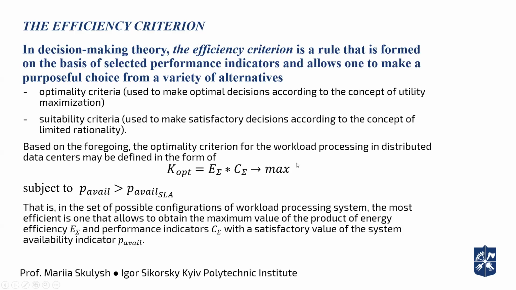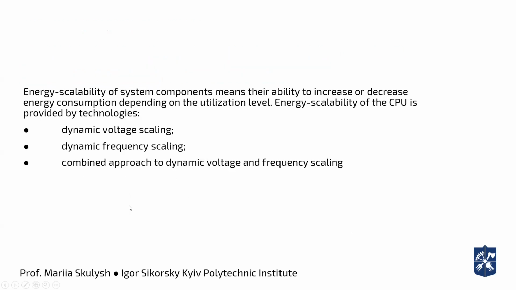So it is a maximization task, an optimization task: to maximize this multiplied criterion with these restrictions. Okay, energy scalability of the system components means the ability to increase or decrease energy consumption.